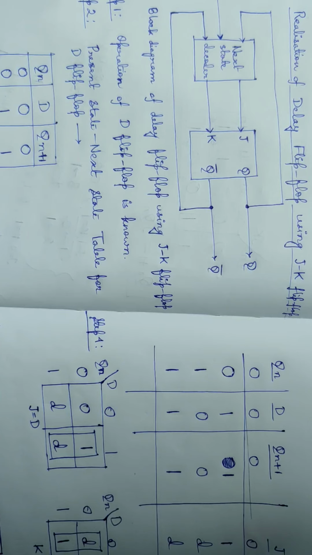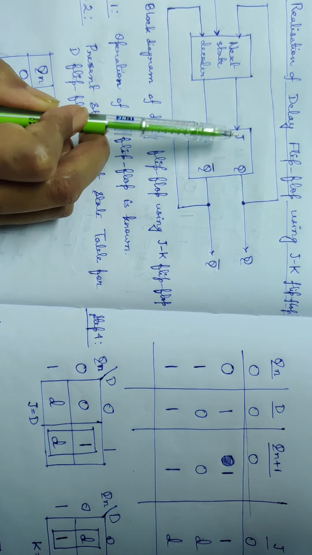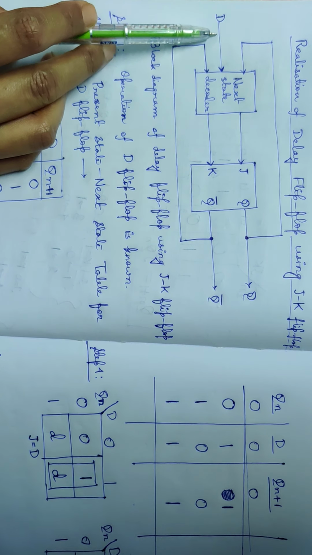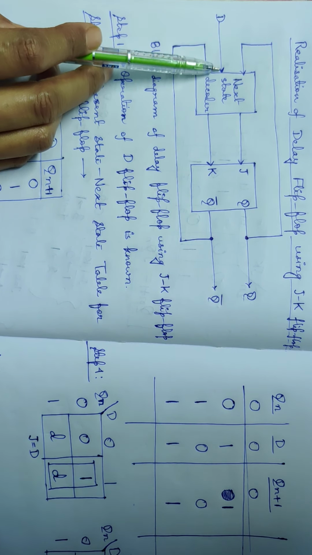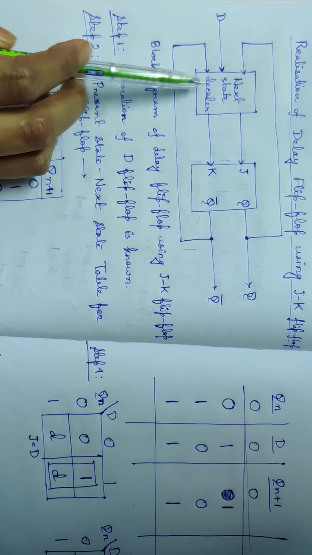The procedure is the same for all the flip-flops. As we are going to realize a D flip-flop using a JK flip-flop, first the D input will be fed to a next state decoder or a combinational circuit.